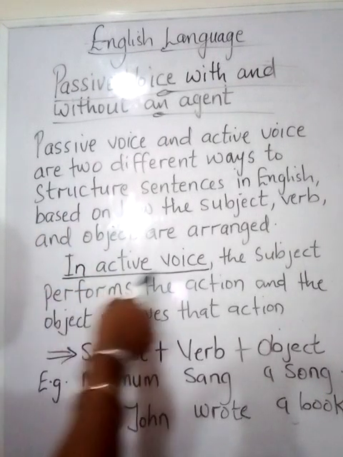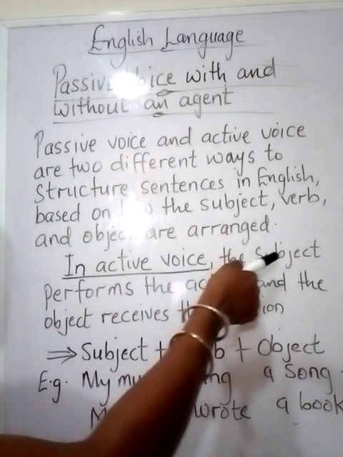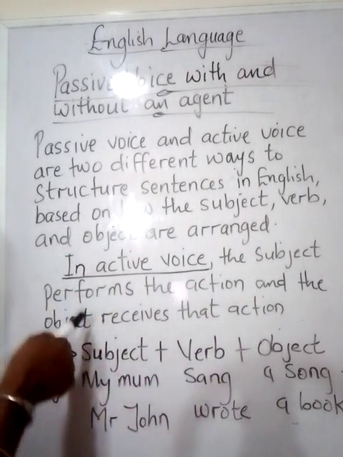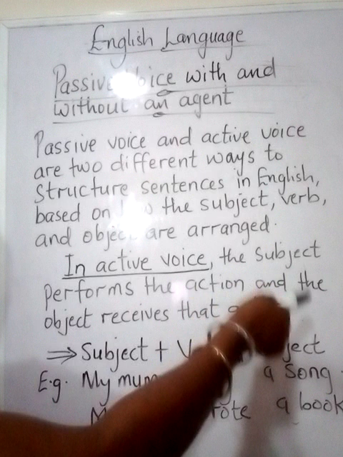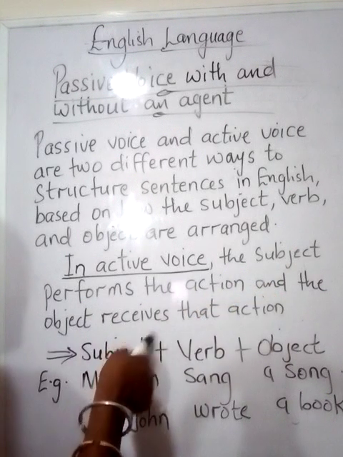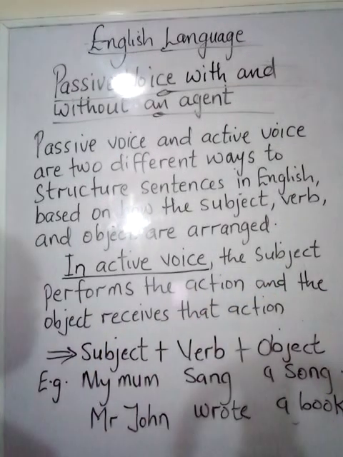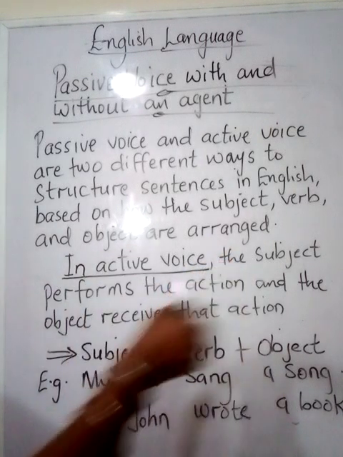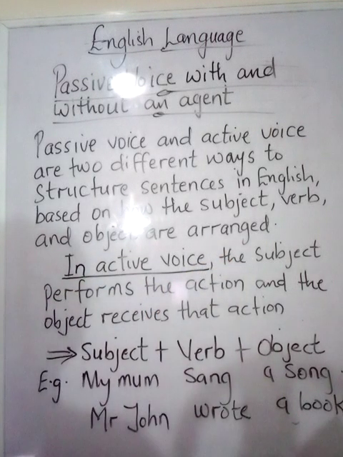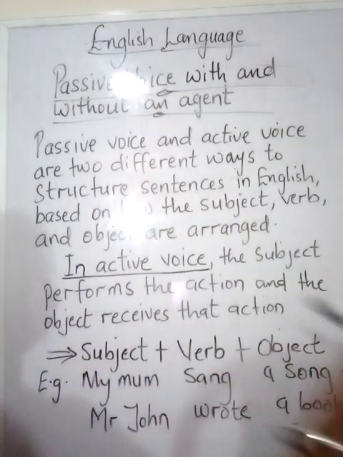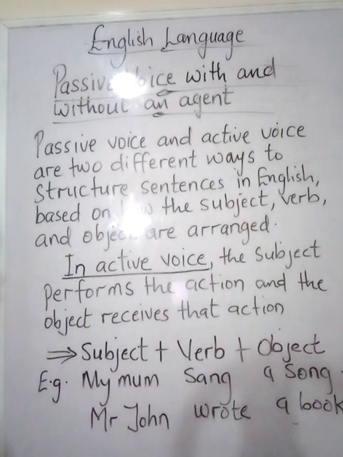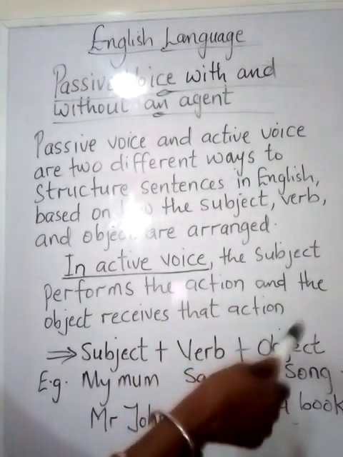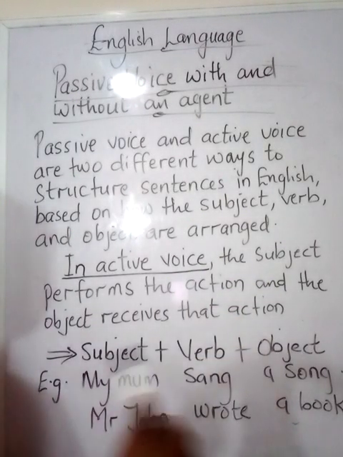In active voice, the subject, that is the doer of the action, carries out the action and the object receives that action. The subject of the sentence is the one that performs the action, and then the object of the sentence is the receiver of that action.